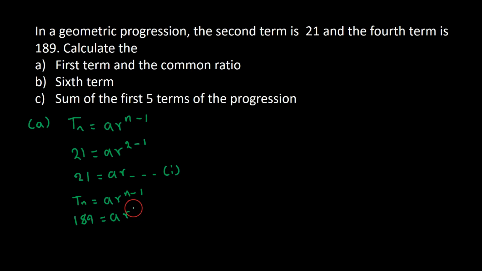Where there's n, we put 4. And then we can write 189 equals ar, 4 minus 1 is just 3. So this is our second equation.